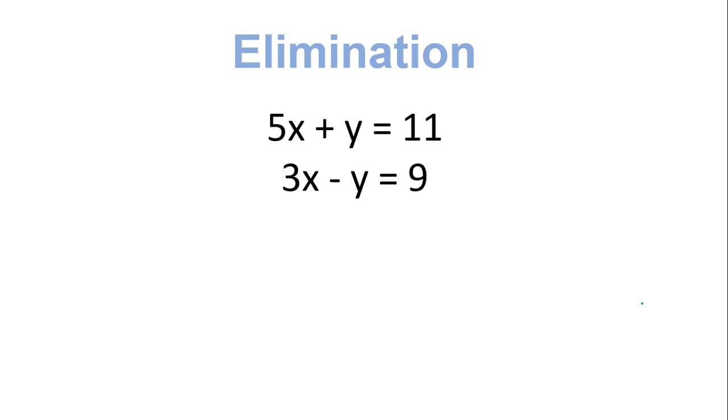Again, the point of using any of the methods is to be able to find the values of x and y. As you can see, when you're dealing with systems of equations, there are two or three different equations given to us, in which two or more variables are missing. If you look at the first one, it says 5x plus y equals 11.